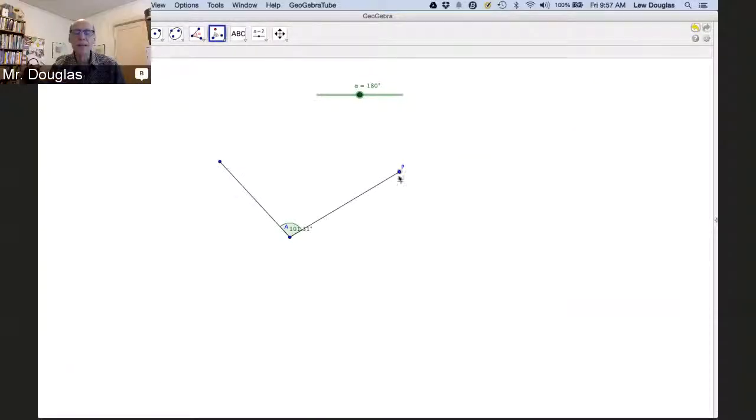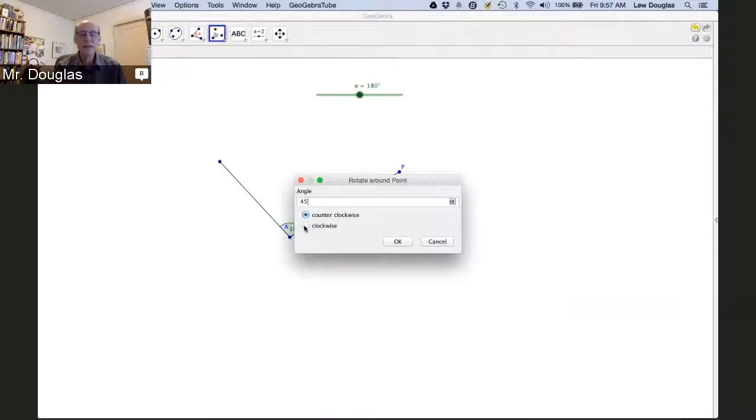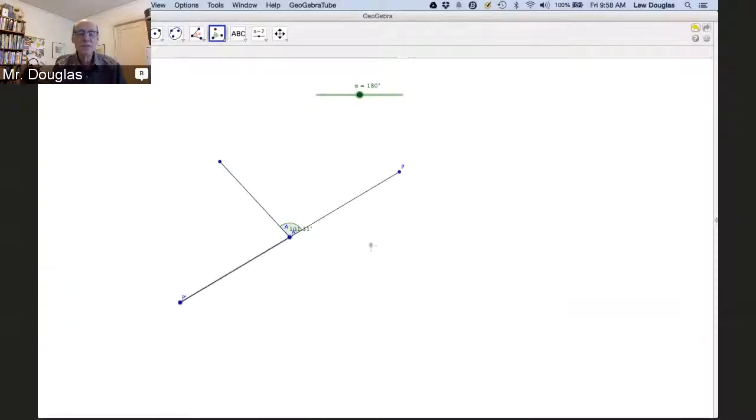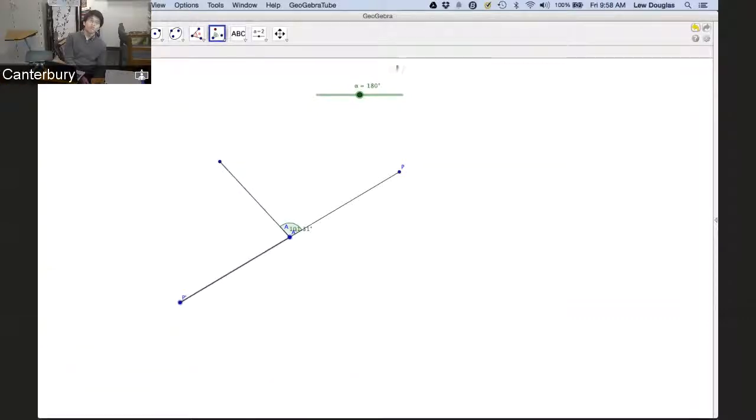So I have to pick the object, the center point. Yeah. And now if you move the slider, it should work. Oh, okay. All right. It's working. It's working on mine.